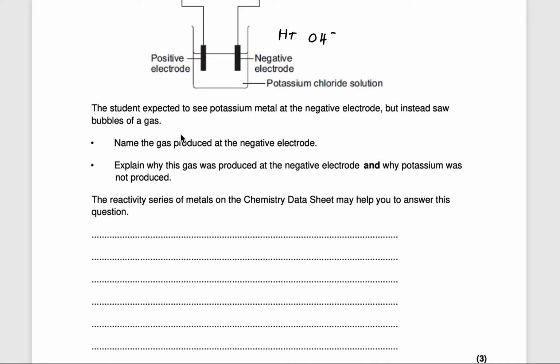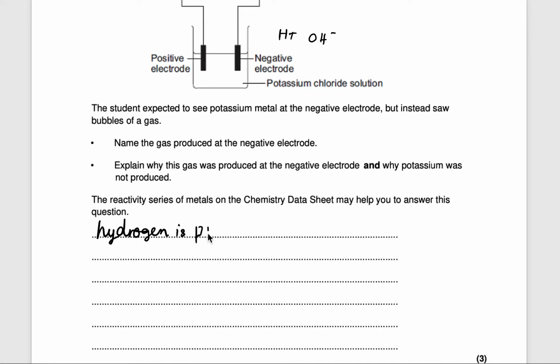Okay, now potassium is really reactive, and the rule at the cathode is that either hydrogen, copper, silver, or gold, that's all that can be formed at the negative electrode in a dissolved solution. So potassium is too reactive. So the gas produced at the negative electrode is going to be hydrogen gas.